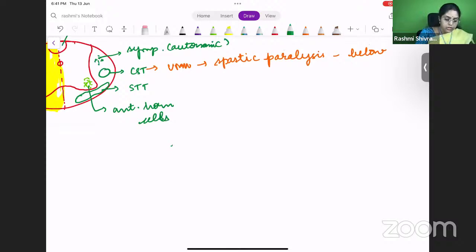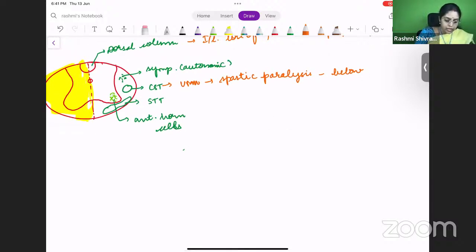So when the anterior horn cells are affected, you will have an LMN lesion at the level of lesion. So you will have UMN paralysis below the level of lesion, but at the level of lesion you will have an LMN paralysis.